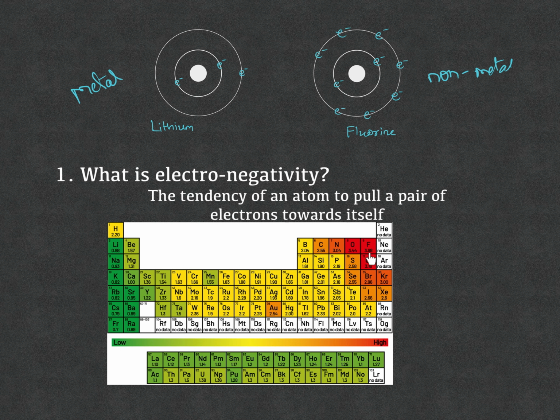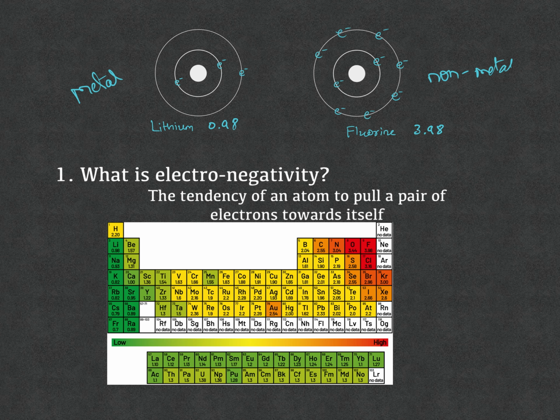Fluorine is right here as 3.98 and lithium is over here as 0.98. Now, using electronegativity values, we can identify the kind of bond.